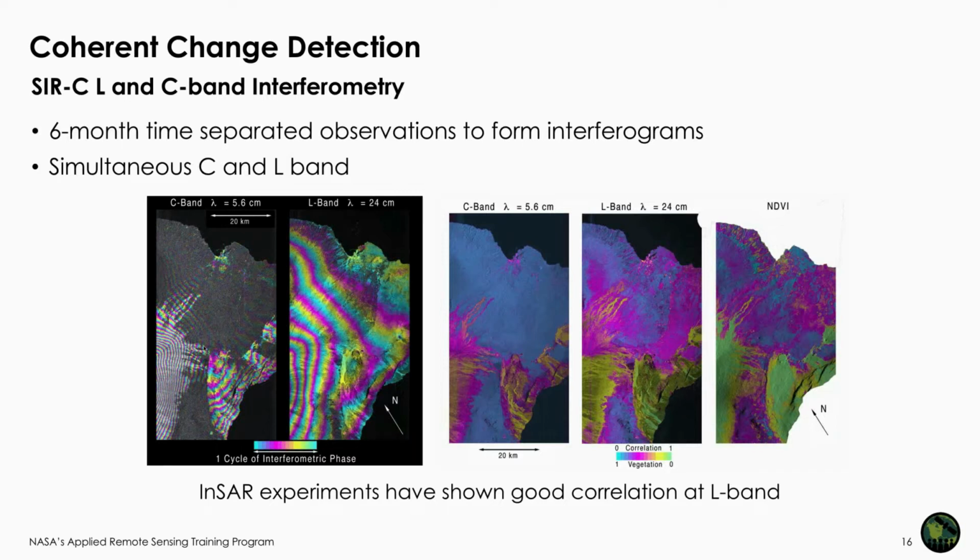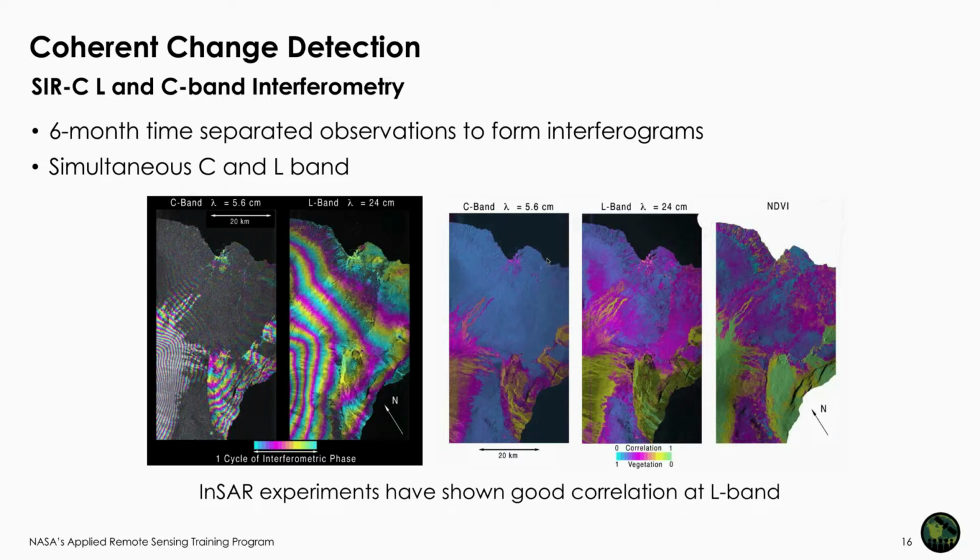Whereas on the right here, we can see that at L band, the 24 centimeter wavelength, the fringes go right across, even in the vegetated areas, and we're able to measure the interferometric phase everywhere because it's less affected by the vegetation.